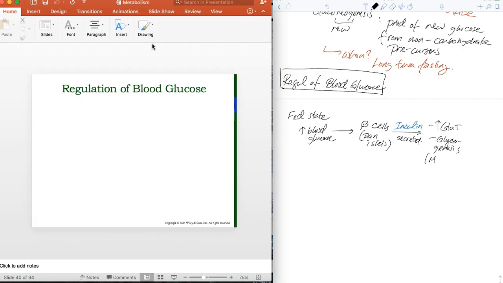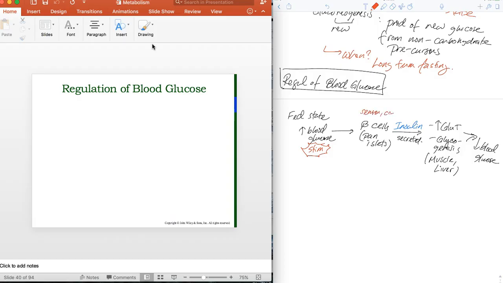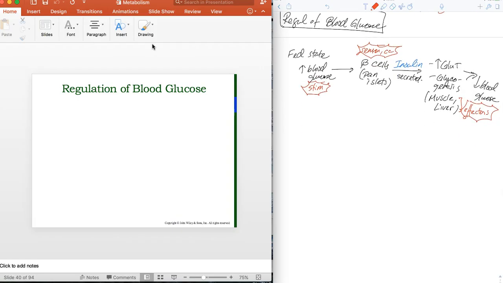That would be muscle, as well as liver. Those two things will help to decrease blood glucose. So this would be your stimulus. This is your sensor control center. And then these guys would be your effectors. Also negative feedback, right? Just classic.